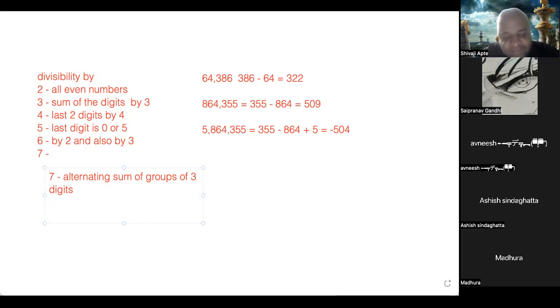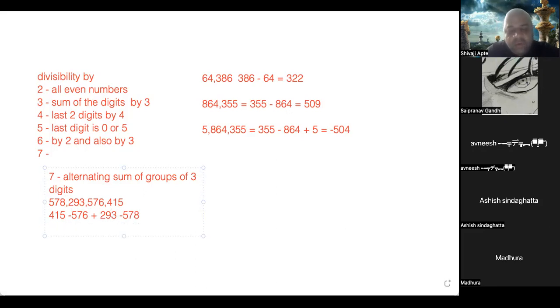Sir, 576, 293, 578, 415. Okay. So this is the number. So we'll group it into 3 digits. And what do we have to do? So we start with 415 minus 578 plus 293 minus 576.